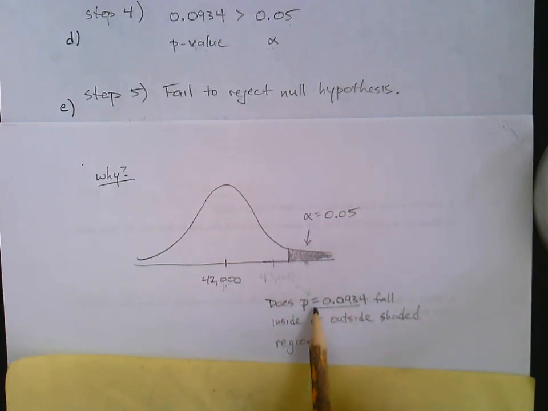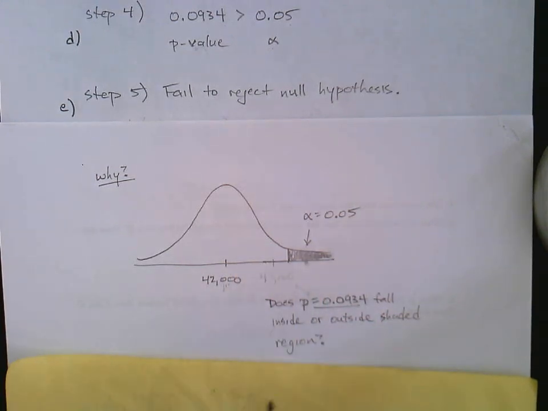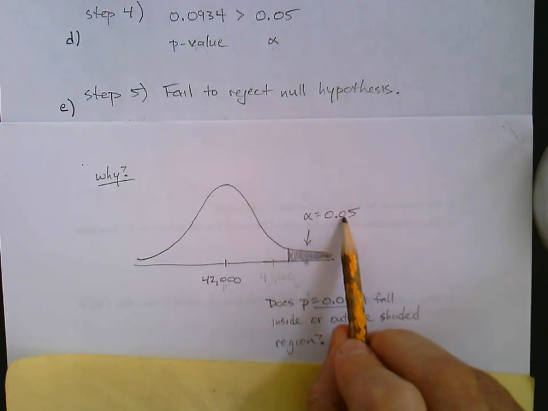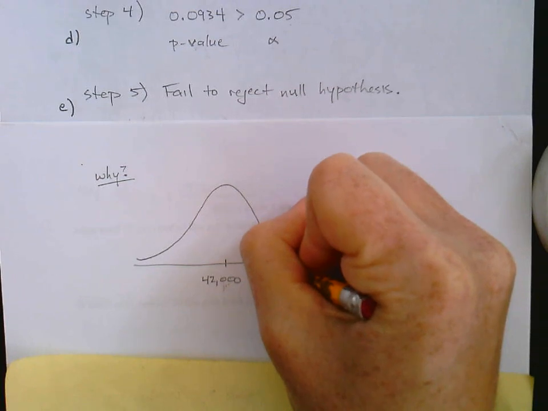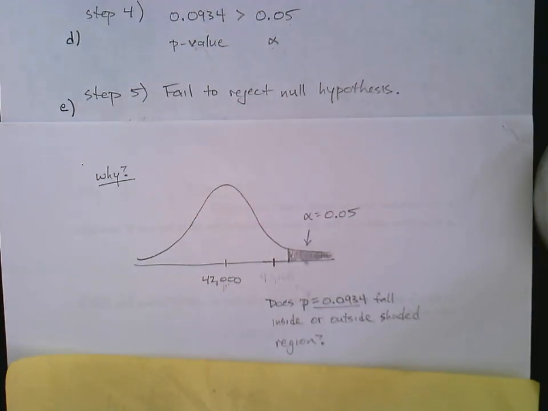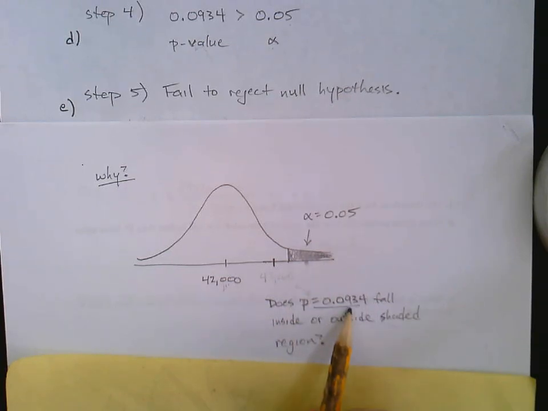That probability that we found, does it make it up into the top 5% or does it fall short? Well, since 0.0934 is bigger than 0.05, it would fall a little bit short, right?